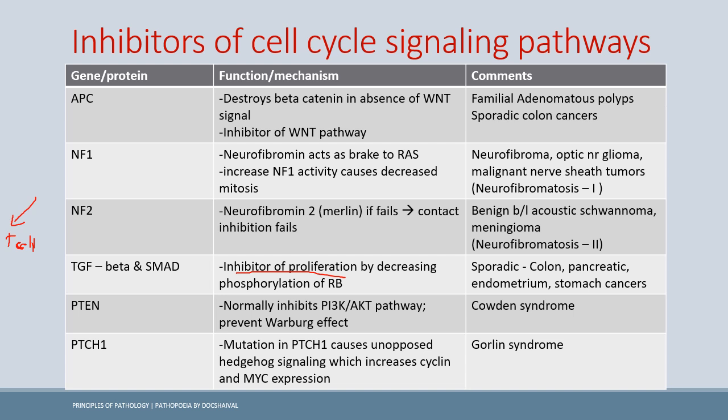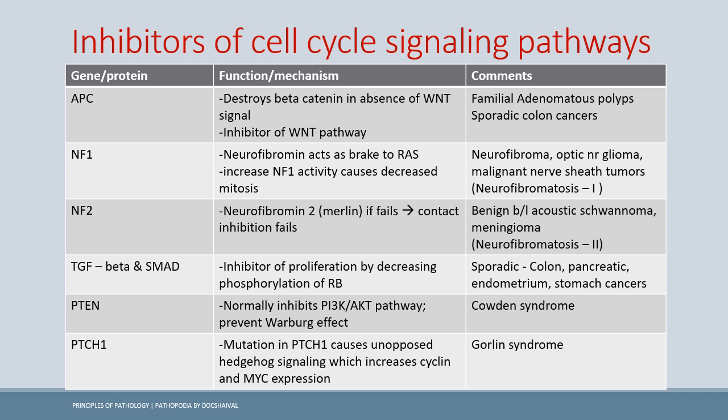If it is inhibiting some normal tissue apart from T cells, then it has a role of help. Otherwise, if it is inhibiting the T cell, then there is a problem. Now, the sporadic form of TGF beta defects is associated with colon cancers, pancreatic cancers, endometrial cancers, and also stomach cancers.